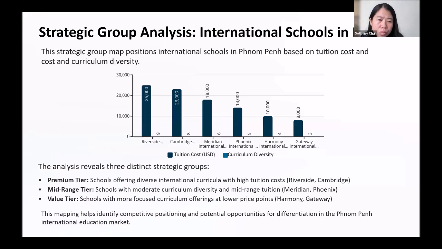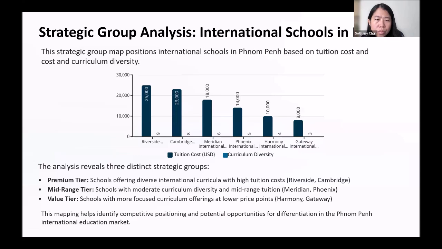The value tier schools focus more on curriculum offering at a lower price point, which are two schools here, Harmony and Gateway. So this mapping helps identify competitor positioning and potential opportunities for differentiation for our international school.